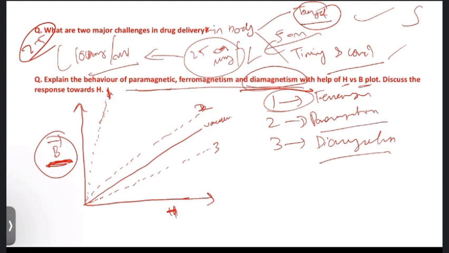Understood? Yes, ma'am. So I have told you how it behaves, but we can look at it quantitatively also. See, in the presence of H, this is magnetization. H is magnetization. With only a smaller response of magnetization, the ferromagnetic material is able to attract so much magnetic field.